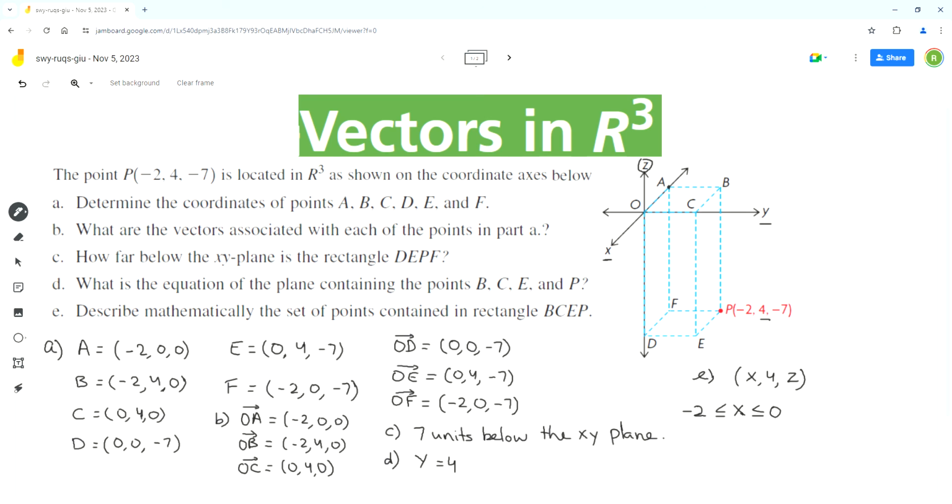Similarly, for z, the values can vary from 0 to -7 because at point C the z value is 0, and as we go down the rectangle all the way to point E, the z value is equal to -7, the same as the z value for point P. So the z value can vary from -7 to 0. This should be the final answer for part E.